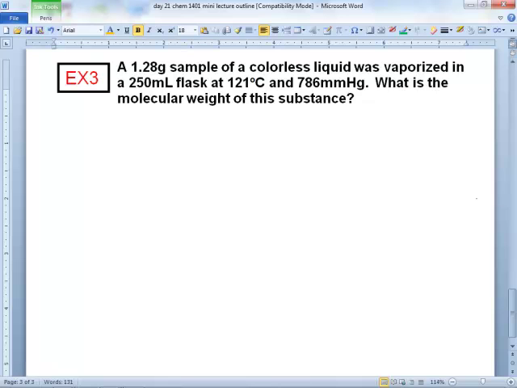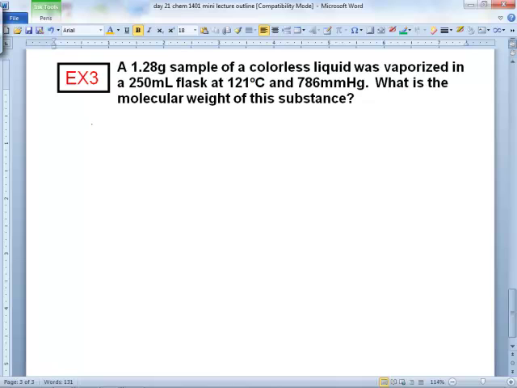Let's make sure. Do you see a stumbling block for this? They're after molecular weight. There's a bunch of questions, right? Let's start with what equation you want to use.